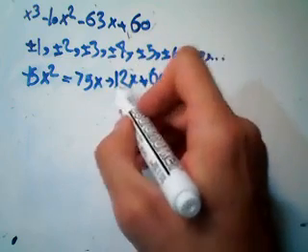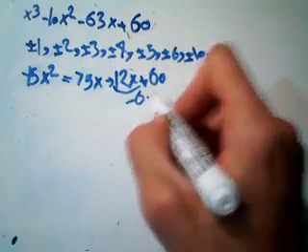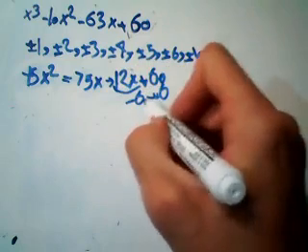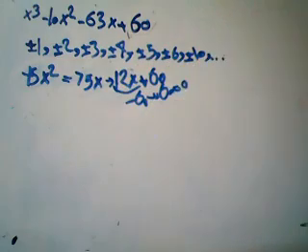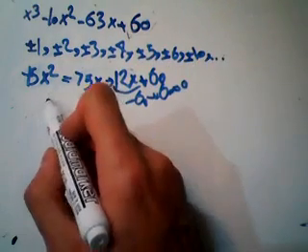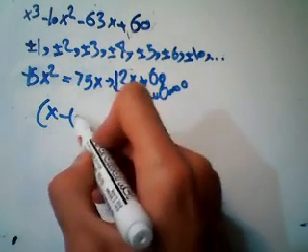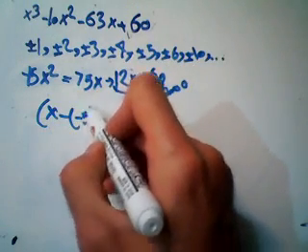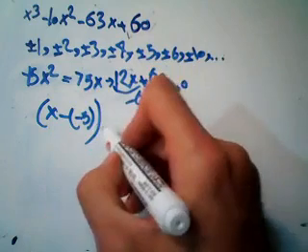Substituting minus 5 makes it minus 60 plus 60, that makes it 0. Okay, so x plus 5 would be one of our factors.